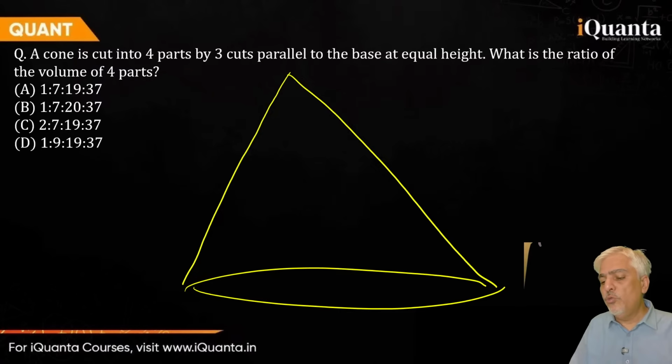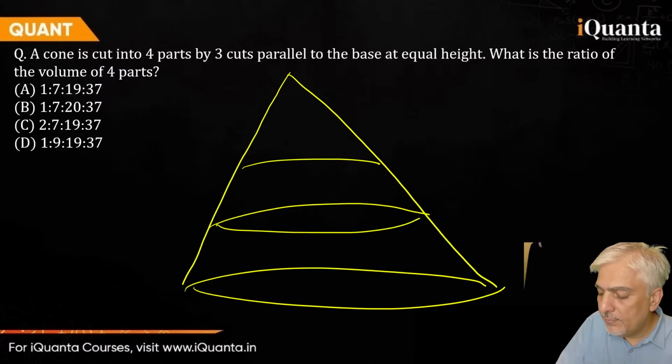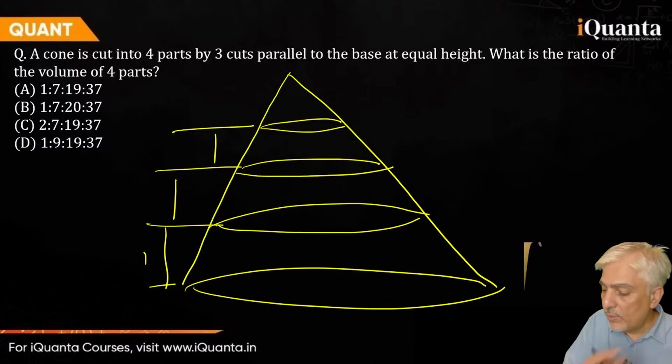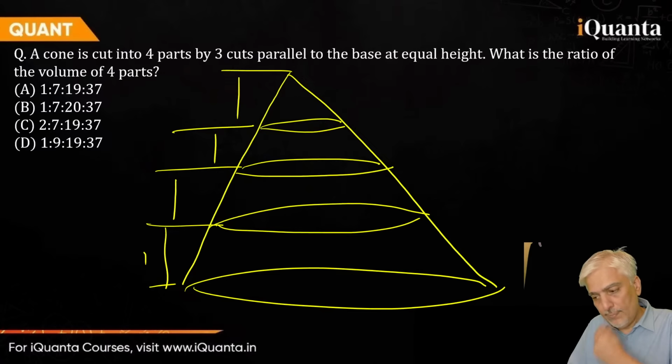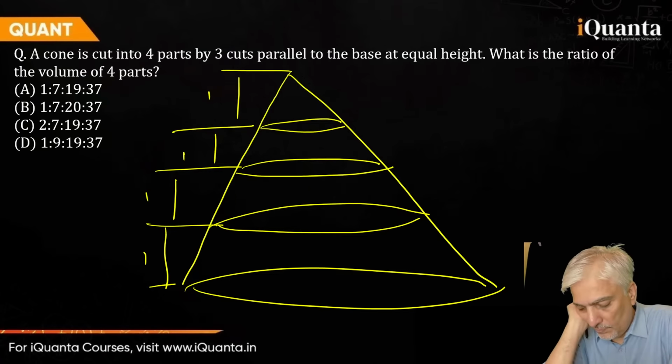A cone is cut into 4 parts by 3 cuts parallel to the base at equal height. That means if this height is 1, this height is 1, this height is 1, and this height is also 1. So, the smallest cone, now this is the nice one, pay attention very carefully.